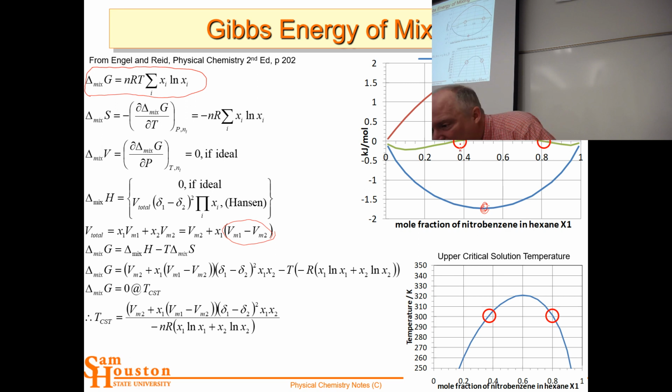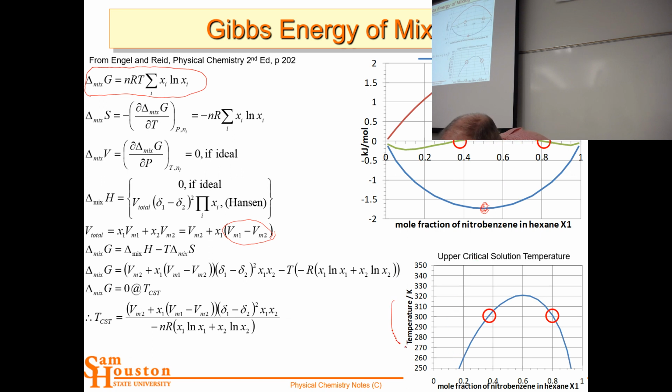Now, this was all done for a particular temperature. And so if we use this green curve and we change the temperature, we'll see that those points either get further apart or closer together. Eventually they join and they're the same point. And then above that, delta G is negative everywhere. So this plot down here is these little 0 points plotted with respect to temperature.